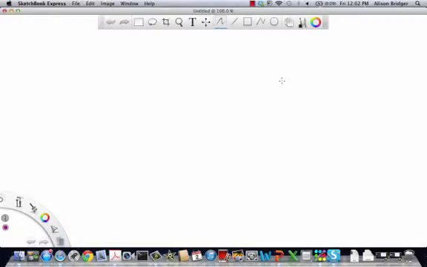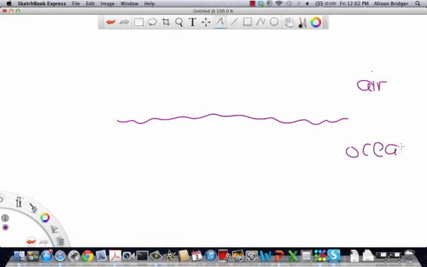Let me see if I can convince you of why that is with yet another amazing diagram. So here's the air, and down here is the ocean. And let's just assume we're up near the North Pole. So it's very cold water.